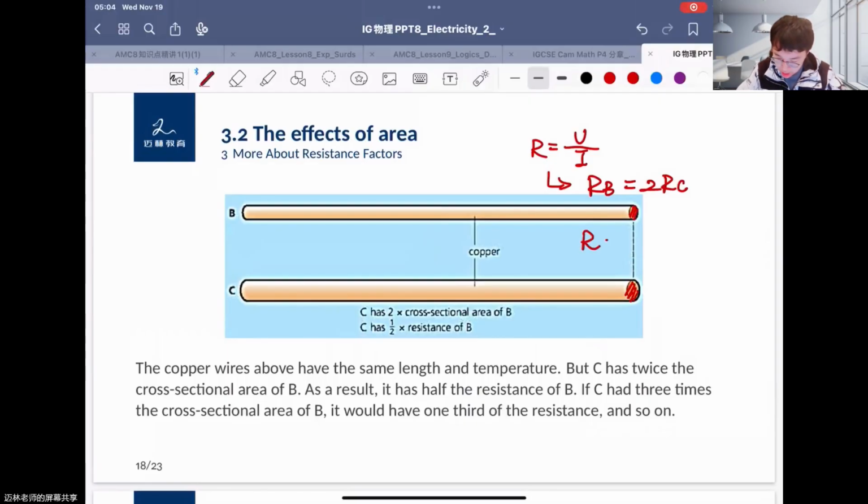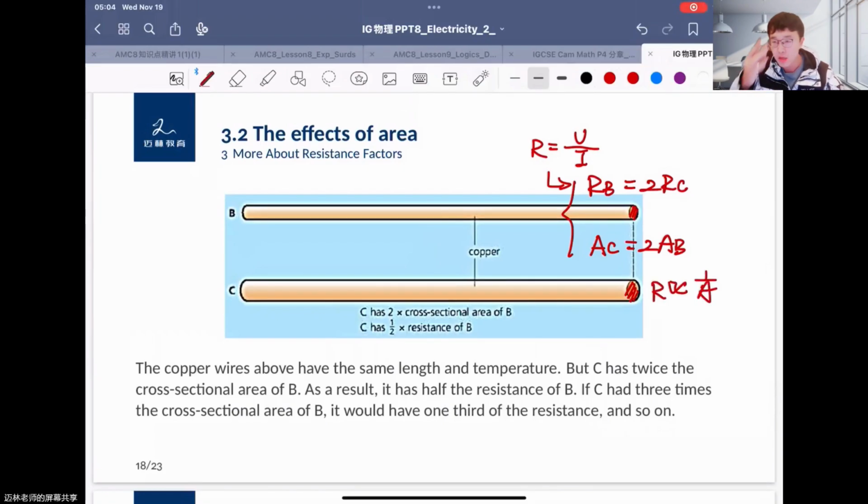And you can say that the cross-sectional area of C equals 2 times that of B, okay? So we can find here that is quite different, right? Because area increases, but resistance decreases. So we can say that they are inversely proportional for the effect of area, right? So here we can say R is inversely proportional to the area, okay?